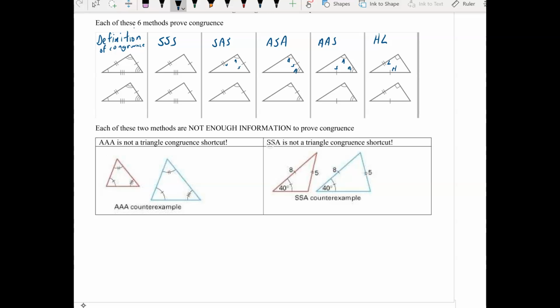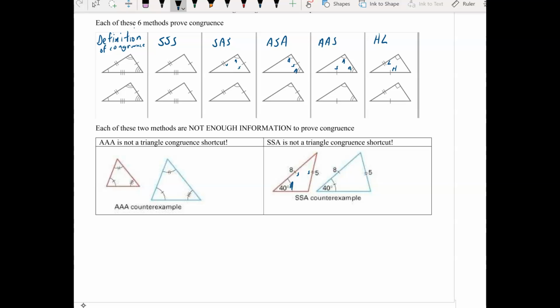And the same is true of side-side-angle. Having 2 sides and the non-included angle, which is different from having 2 sides and the included angle, doesn't necessarily make the same triangle. You can see it right here, because these 2 triangles have the same parts. Don't pay attention to that, just think of it backwards.